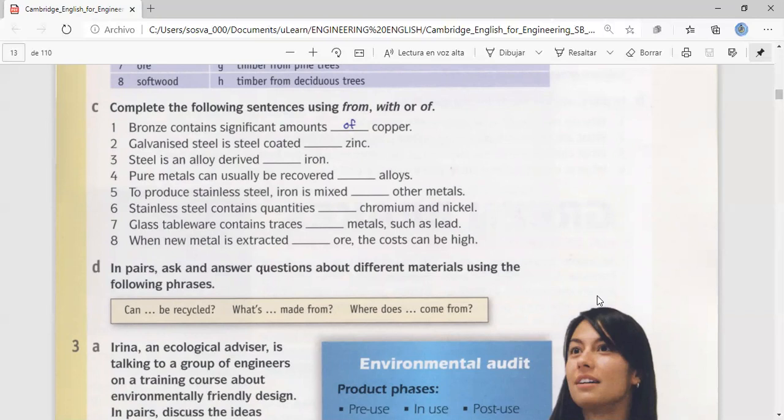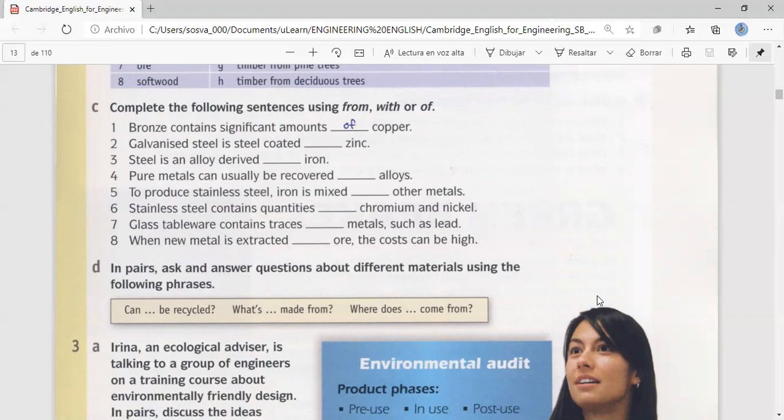The difference is when I can connect the sentence with other properties or other words. They are like connectors.